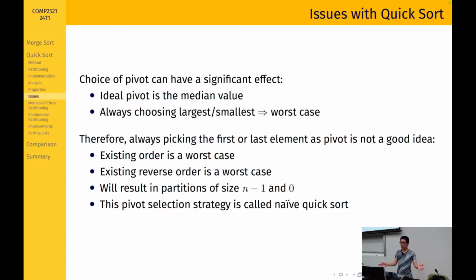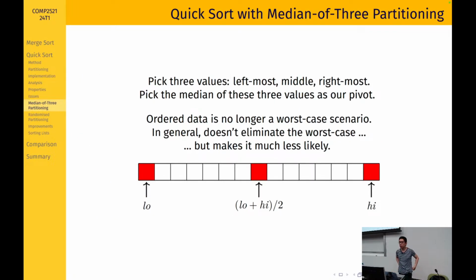Okay, and because of that, this pivot selection strategy is called a naive quicksort, because we're picking a really basic pivot, and that turns out to not be quite good. So to deal with this, we have other methods of selecting a pivot. The first one is called median of 3 partitioning.